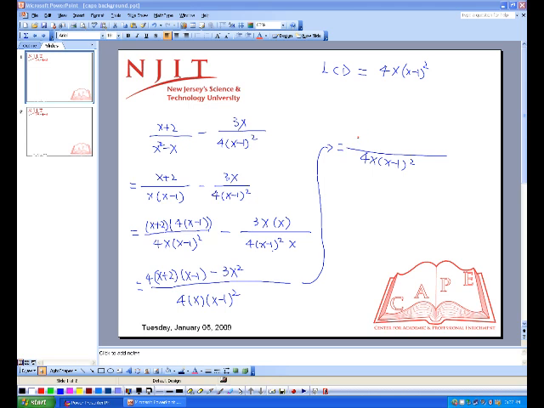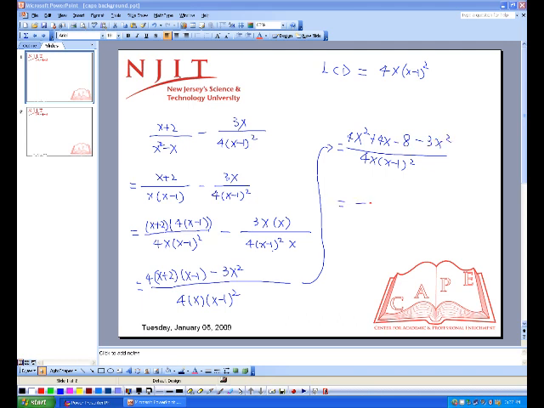Now we have to multiply the 4 times x plus 2 times x minus 1 out. If you do the math, it will be 4x squared plus 4x minus 8, then minus 3x squared.